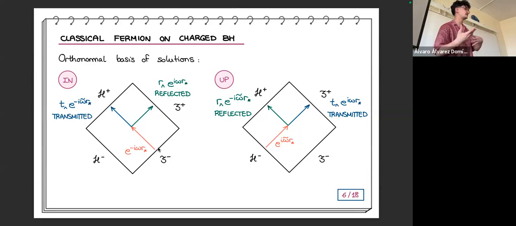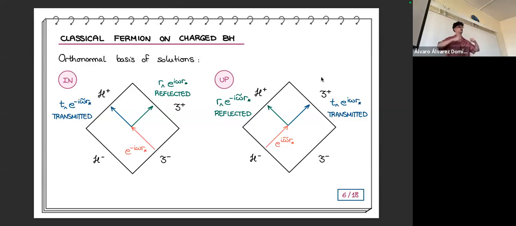The up modes behave in a similar way, but what happens now, because we need to provide values in the entire Cauchy surface. So the basis of solutions is composed by the in modes and the up modes. Okay, so basically in H minus, we have now a unit flux that is now going outwards from the horizon, but part of it is reflected and part of it is transmitted, okay?